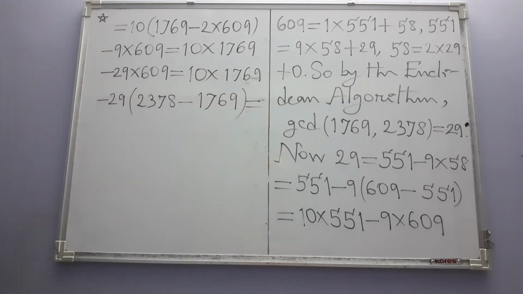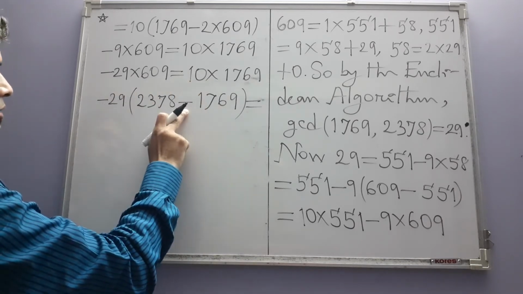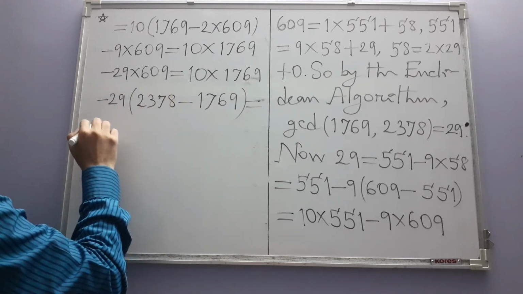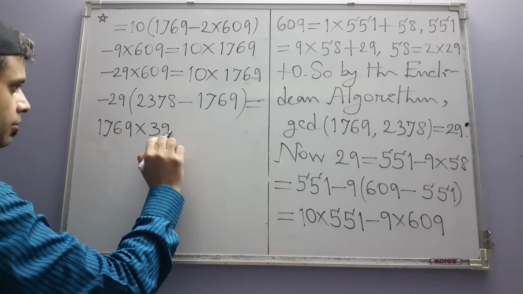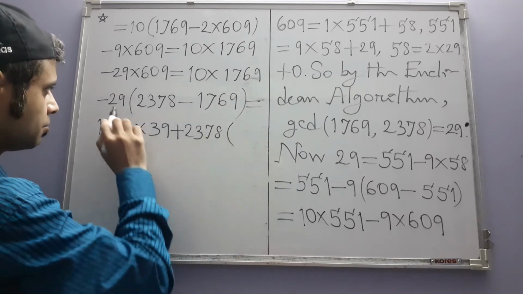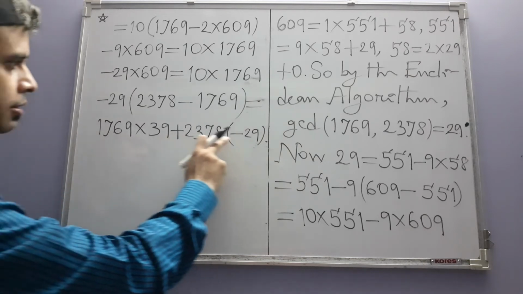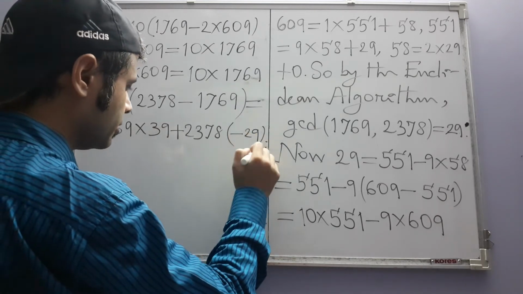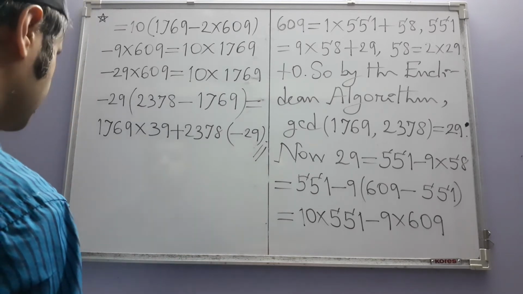So this finally gives us what? 10 minus minus becomes plus, 10 plus 29 is 39. So 1769 times 39 plus 2378 times minus 29. So in this case x is 39 and y is minus 29. So here the solution ends. Yes, 39 and minus 29.